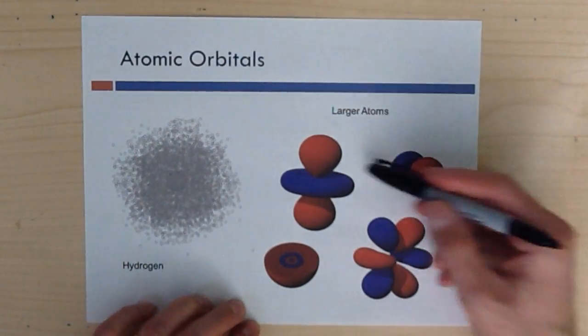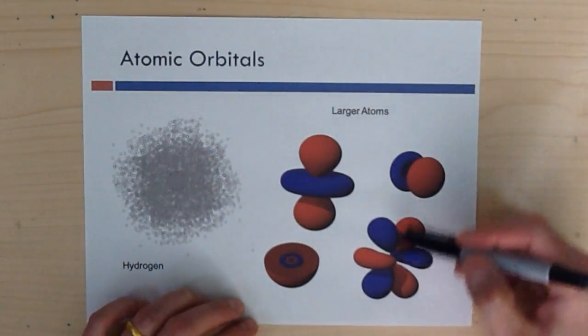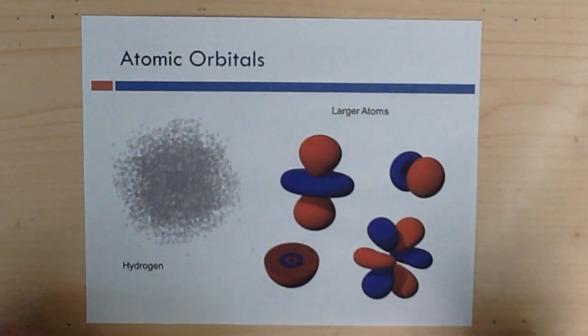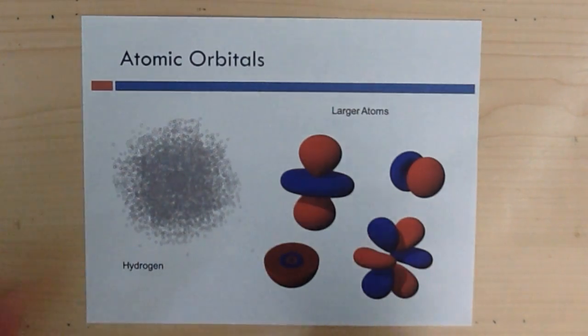And you should remember that in the center of these is the nucleus, and of course, for atoms with lots of electrons, then these are all superimposed on each other for a given atom.